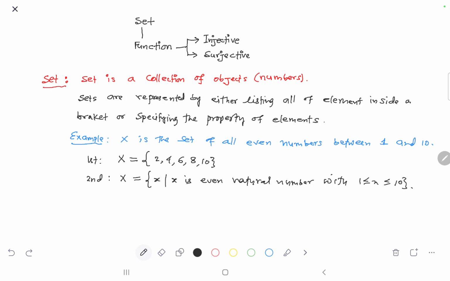So that way we can represent the set. If a collection of elements is provided and they ask you to represent it as a set, either list the elements or write x such that x satisfies the property.